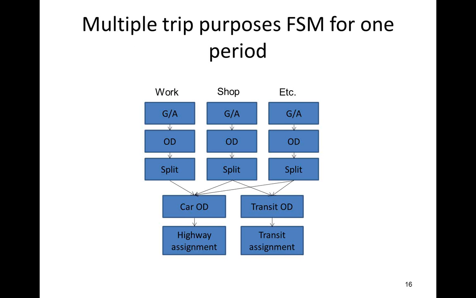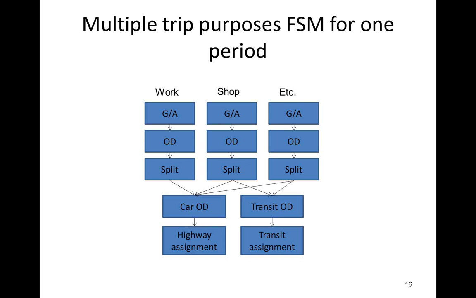An interesting offshoot of that question is, how about park and ride? Park and ride is a combination trip where you have both a car component and a transit component. How is that modeled?